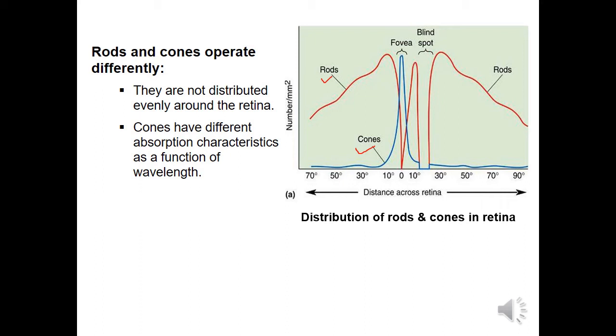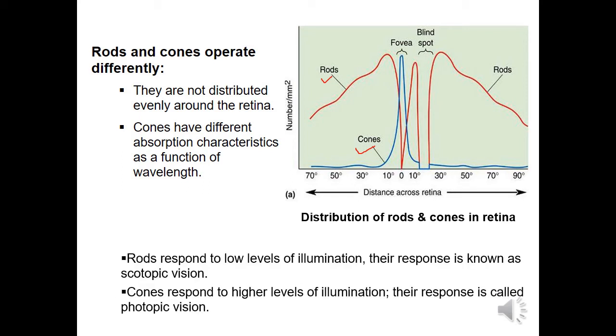Cones have different absorption characteristics as a function of light, and accordingly rods and cones are connected to the nerves. Rods respond to low levels of illumination, which is known as scotopic vision, while cones respond to high levels of illumination, and this is known as photopic vision.